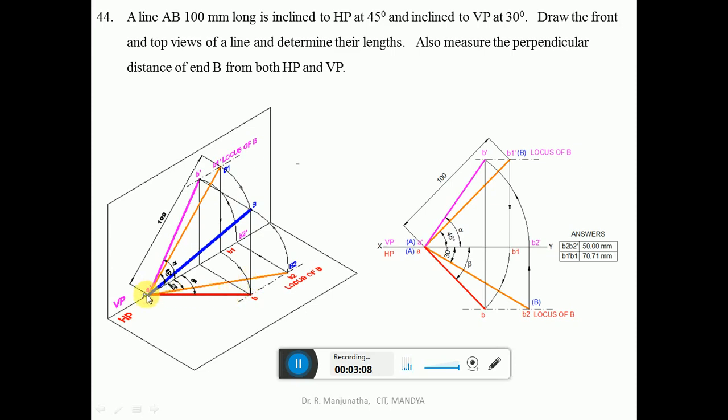So with A as center, taking the radius AB1, it is rotated such that this B1 reaches the locus of B in the top view. So you get this point B. Join AB. So this will be the actual line in space in the top view. So that means we got the top view.